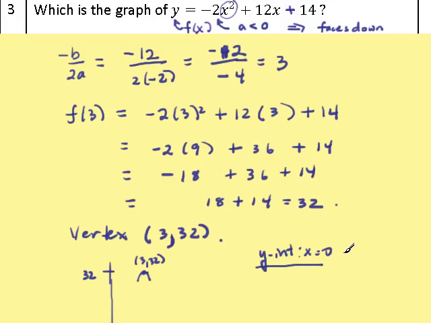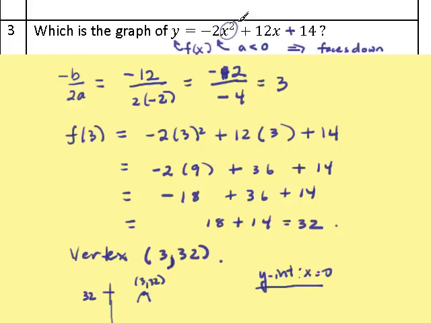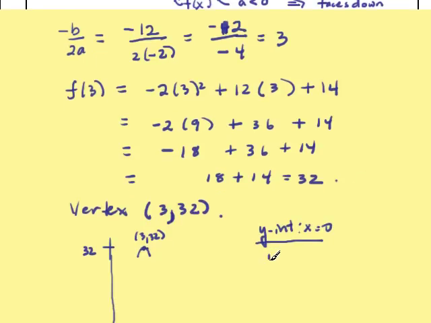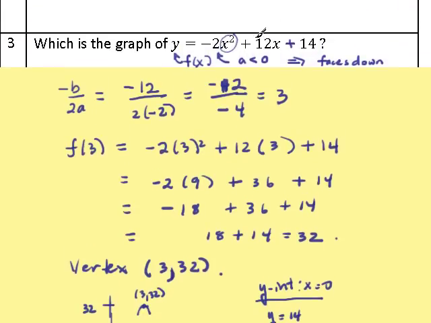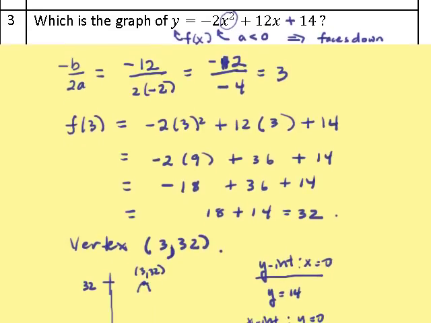For the y-intercept, we set x equal to 0. So if we set x equal to 0, we get this cancels, and we have y is equal to 14. For the x-intercepts, we set y equal to 0. So we're going to have minus 2x squared plus 12x plus 14 equal to 0.